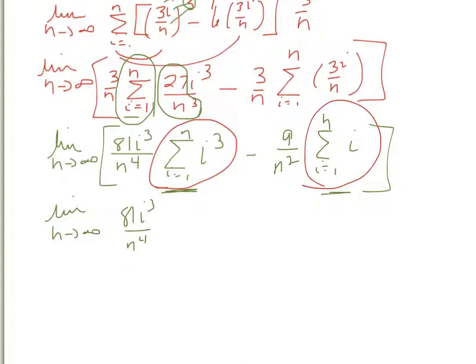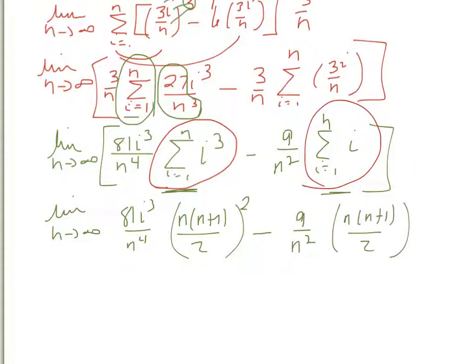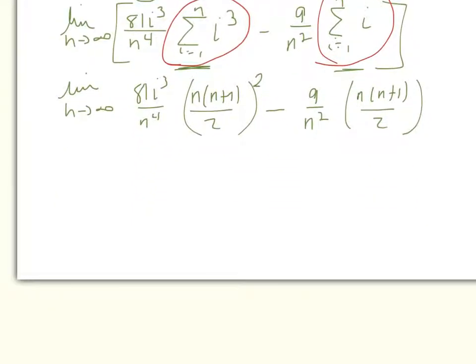And then the summation from 1 to n of i cubed is n times n plus 1 over 2, the whole thing squared, minus, and then I have 9 over n squared, and again, we know the summation for i is just n times n plus 1 over 2. All right, so we've eliminated the summations, and now if we do a little more reducing, we'll be able to go ahead and take the limit. These are very lengthy problems. They take up a lot of space, and I'm going to show you a way to do this without having to do so much work pretty quickly.